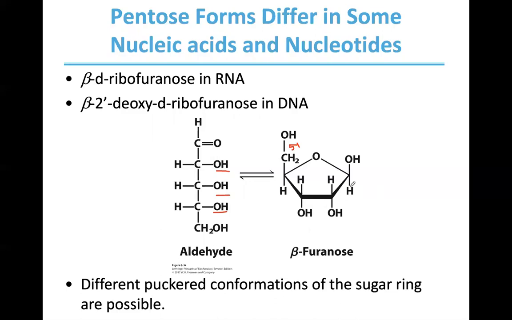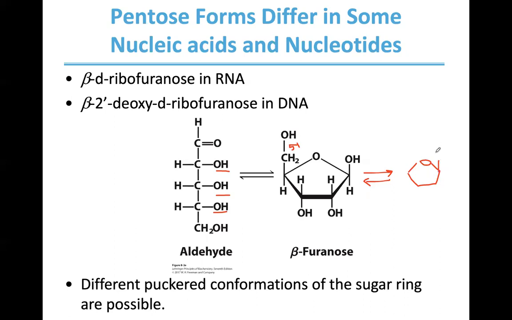I think there was a question in the discussion forum. I think there was a question: when this cyclizes, how do we know it's beta or alpha anomer? And the answer is we don't know, because beta anomer and alpha anomer exist in an equilibrium with each other.